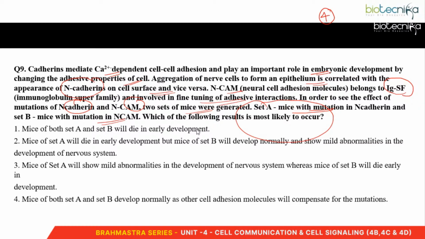Always remember one thing, whenever you do experimental questions, I'm not saying always, sometimes you can get to a conclusion simply by reading the question properly and thoroughly. And this is just one example of that.